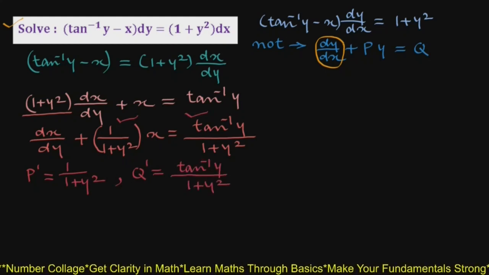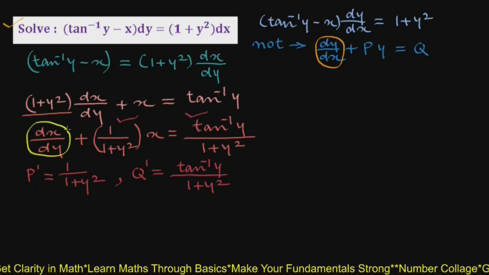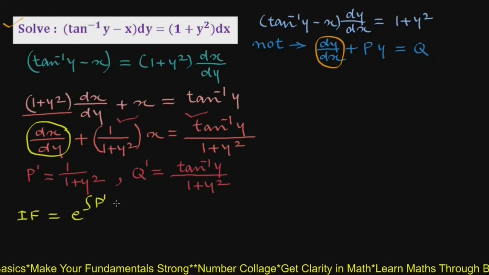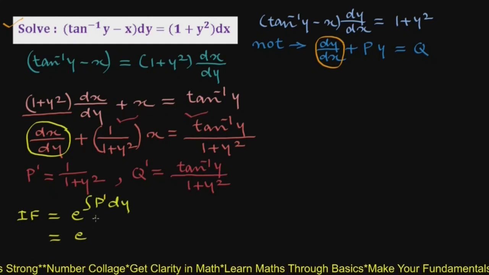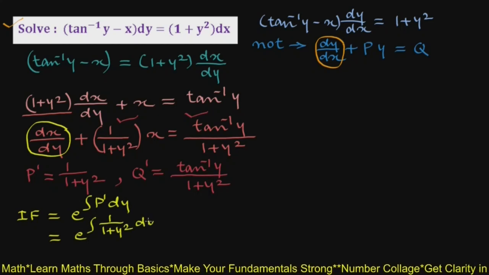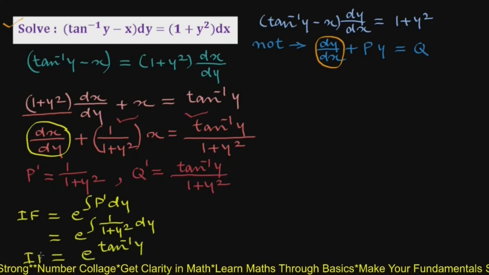Since this differential equation is of the type dx upon dy, integrating factor will be e raised to integral p dash dy, which is e raised to integral 1 upon 1 plus y square dy, which is e raised to tan inverse y. So this is integrating factor.